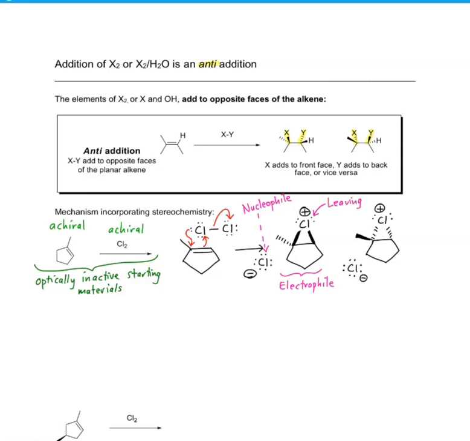And this chlorine that's part of the molecule is the leaving group. Okay, so in the reaction, remember what happens is that the nucleophile attacks the more substituted carbon and opens the ring. It's going to do that in both of these structures.